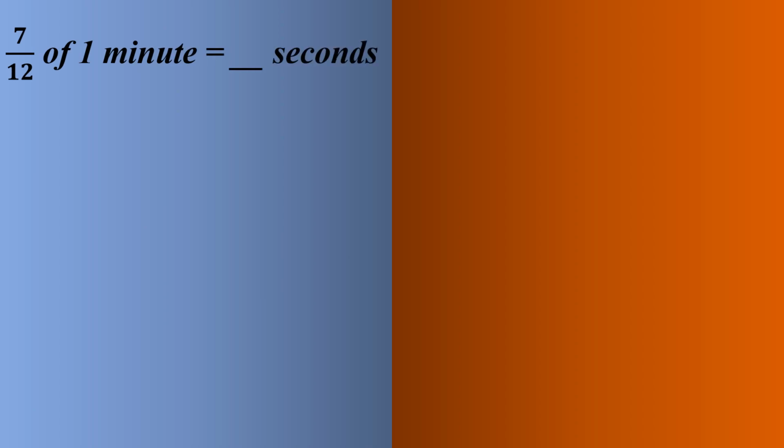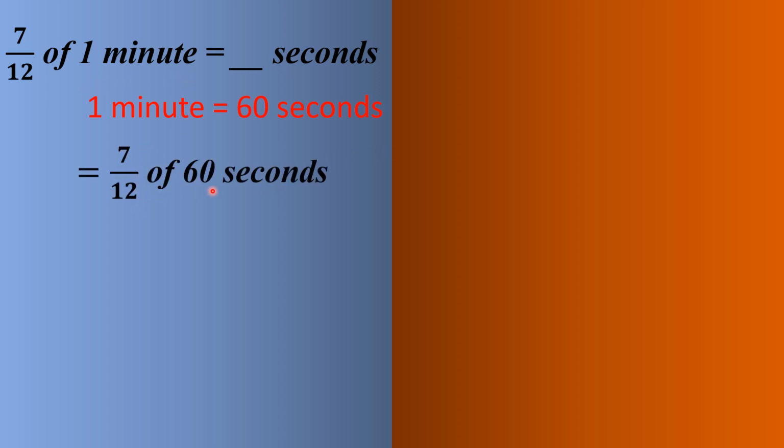One more question. 7 by 12 of 1 minute equals to fill in the blank seconds. Here we need to find out 7 by 12 of 1 minute but in seconds, because we know that 1 minute equals to 60 seconds. So we will just replace this 1 minute by 60 seconds first. So here it is 7 by 12 of 60 seconds. Now replace this "of" by sign of multiplication.